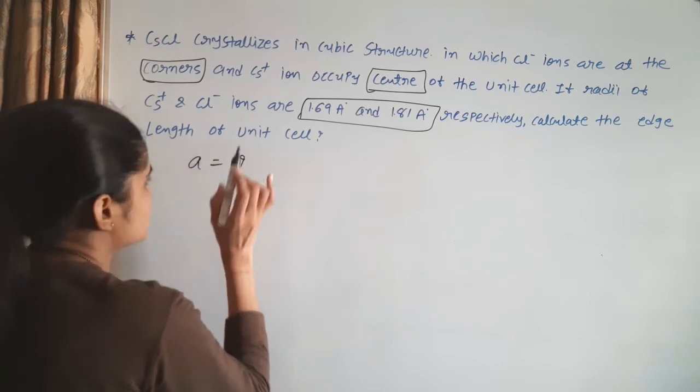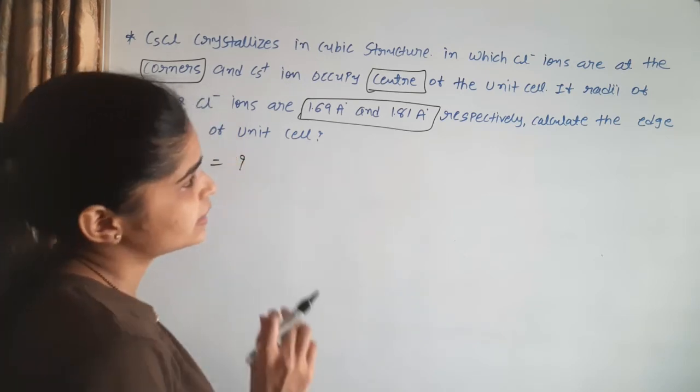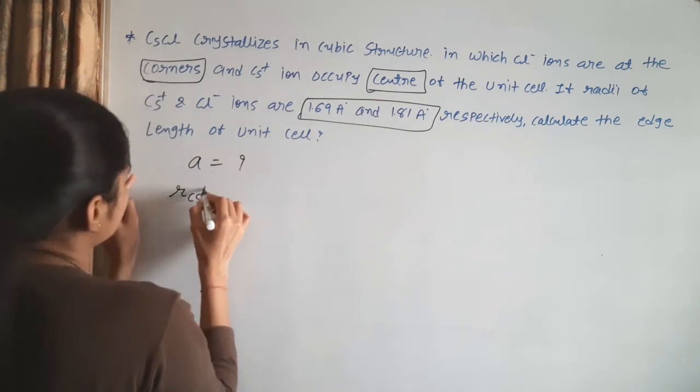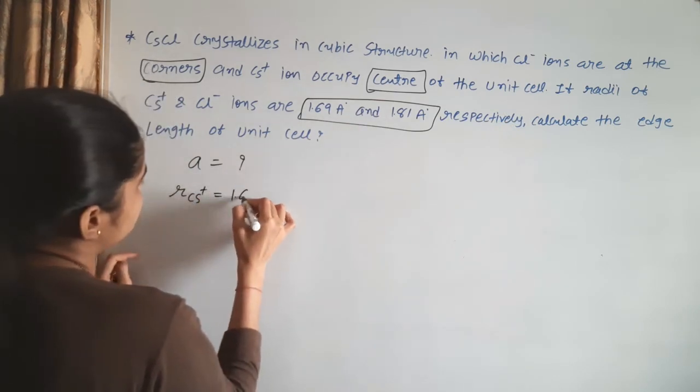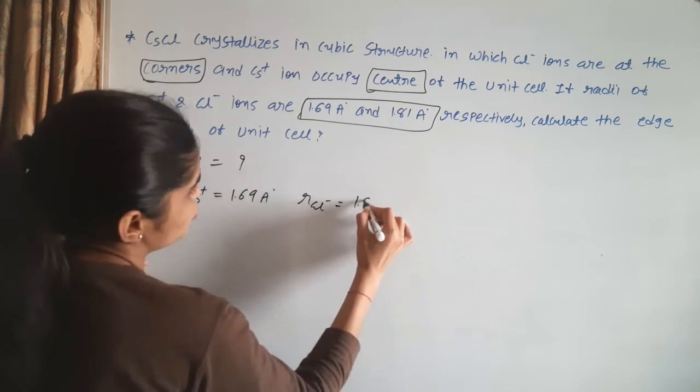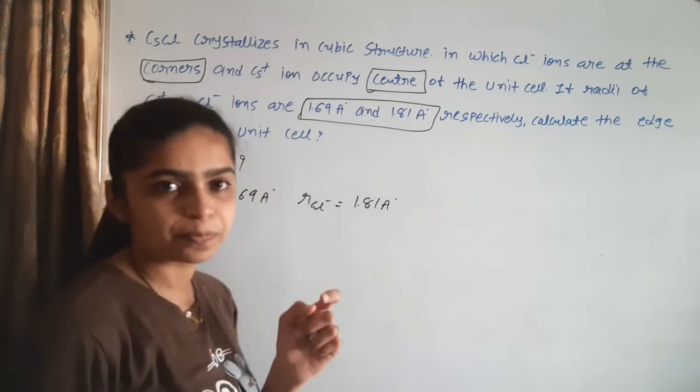Edge length means a. Calculate a. The radius of Cs plus is 1.69 angstrom and Cl minus is 1.81 angstrom.